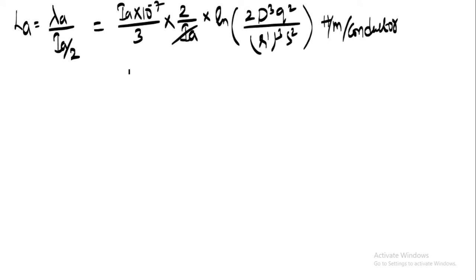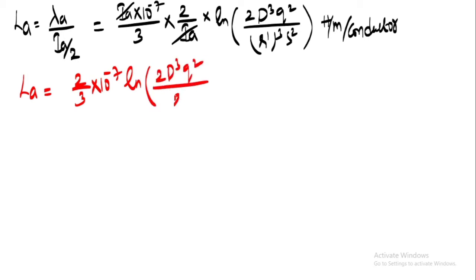Now cancel out the terms IA and IA. Finally what you will get? You will get LA as 2 by 3 into 10 power minus 7 into ln of 2d cube q square over r dash whole cube s square.